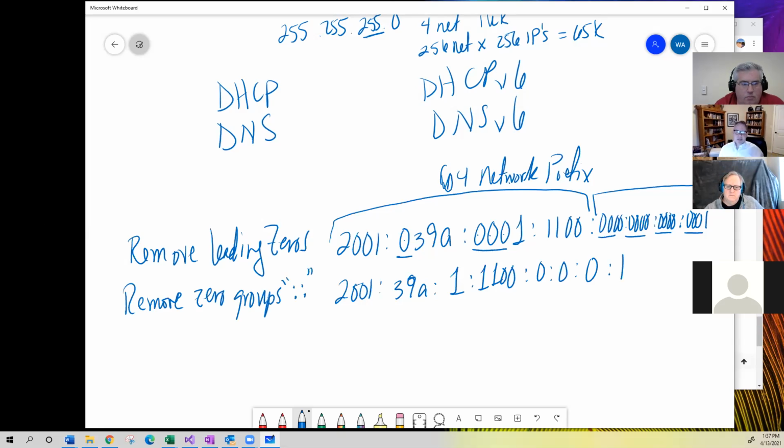So it can be one set of zeros. This is one set here. This is another set of 4 zeros. This is another set of 4 zeros. And so it can be 1, 2, or 3 sets of zeros or more for that matter. But by doing that, these get removed.